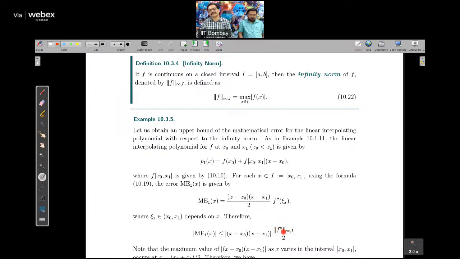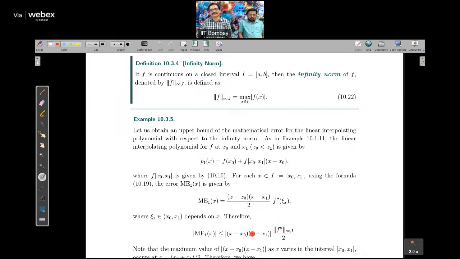Say, for instance, if I give you sine, then its first derivative is cos and the second derivative is minus sine. Anyway, you are taking modulus, therefore sine. In the worst case, you can say that the sine function in absolute sense is less than or equal to 1, right? So this kind of estimate you can always fit to this part.